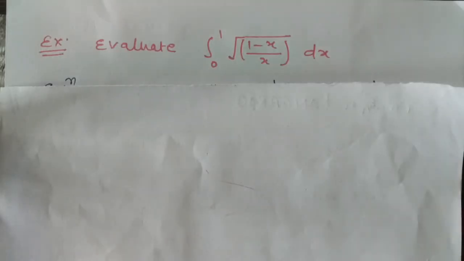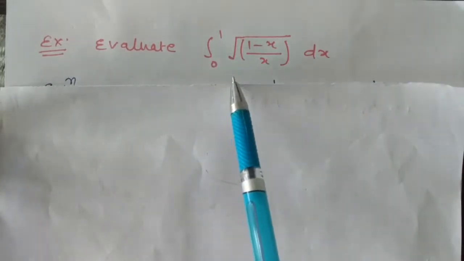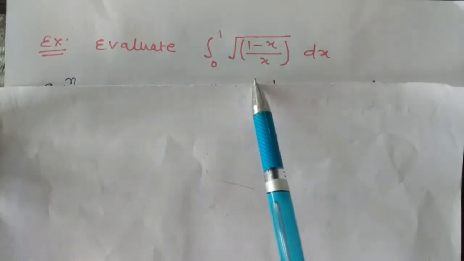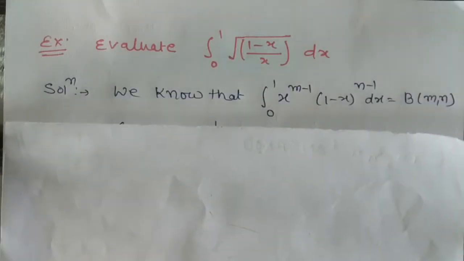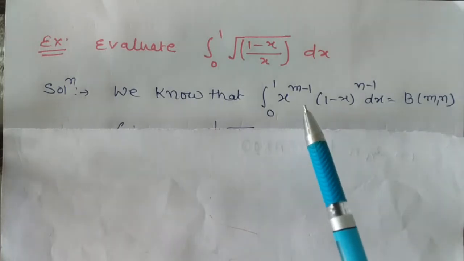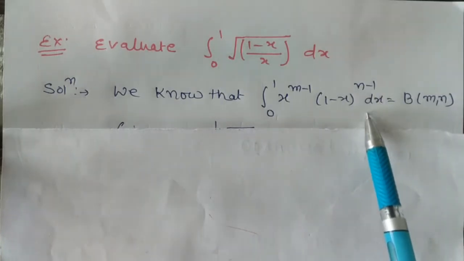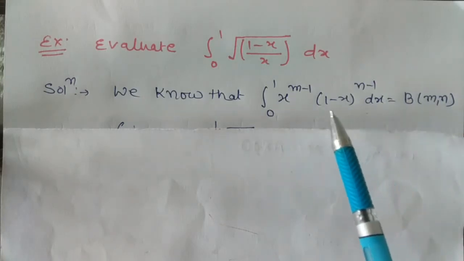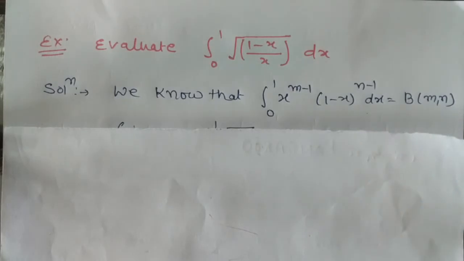The next example is: evaluate the integral from 0 to 1 of square root of (1 minus x) upon x dx. We evaluate this integral using the beta function. We know that the integral from 0 to 1 of x^(m-1) into (1 minus x)^(n-1) dx is called the beta function and is represented as beta(m, n).